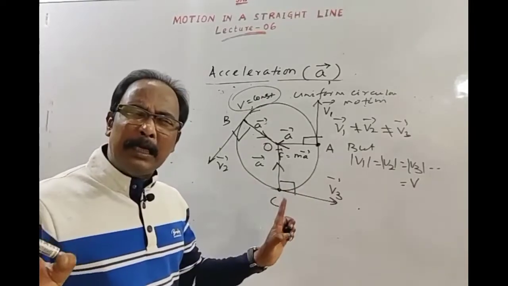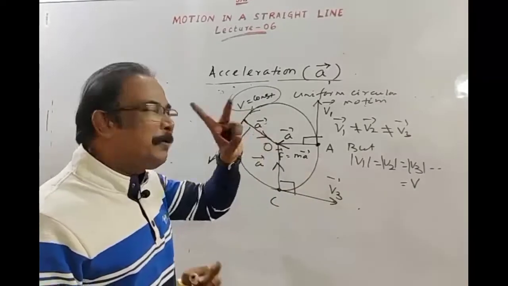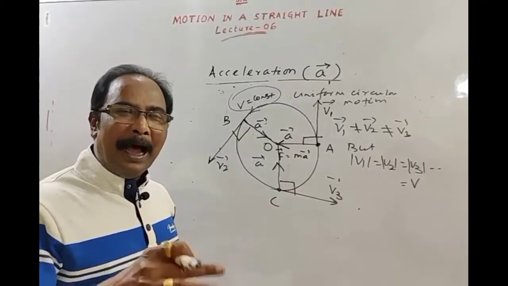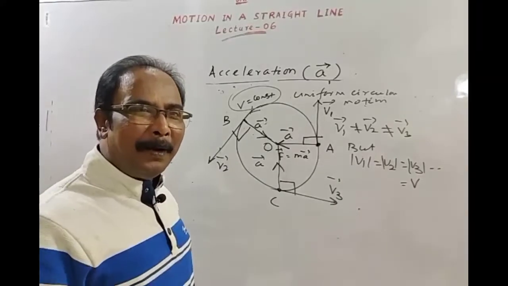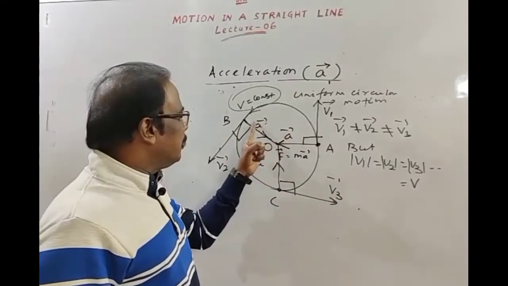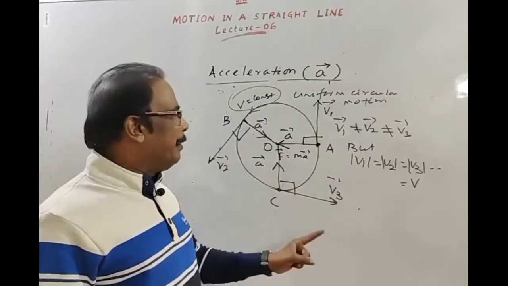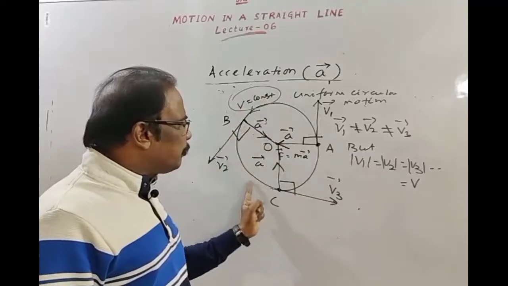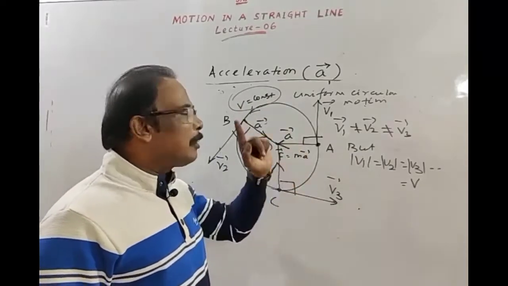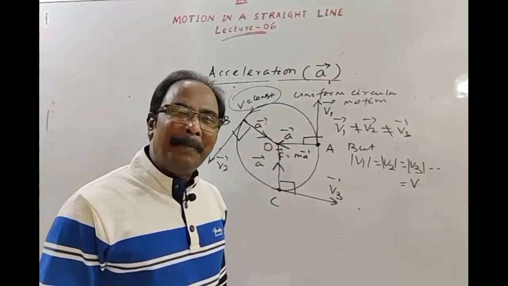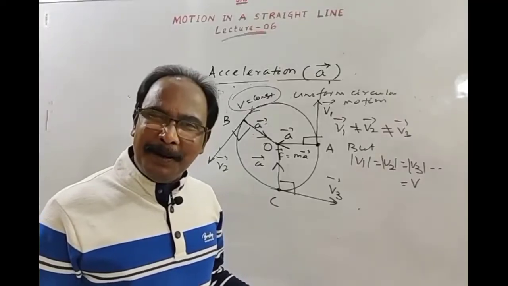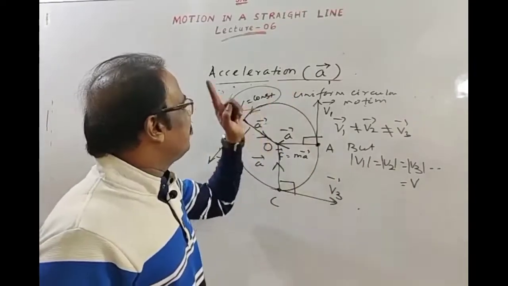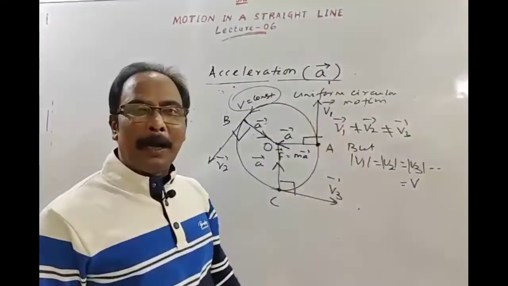Here acceleration is not uniform; the magnitude of acceleration may be uniform, as we will discuss in two-dimensional motion, but the direction of acceleration changes. Overall, we may say when the direction of velocity changes, acceleration is perpendicular to velocity, or force is perpendicular to velocity. This is the case of uniform circular motion.